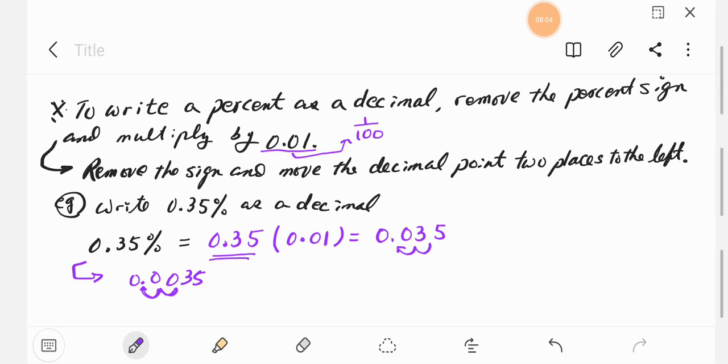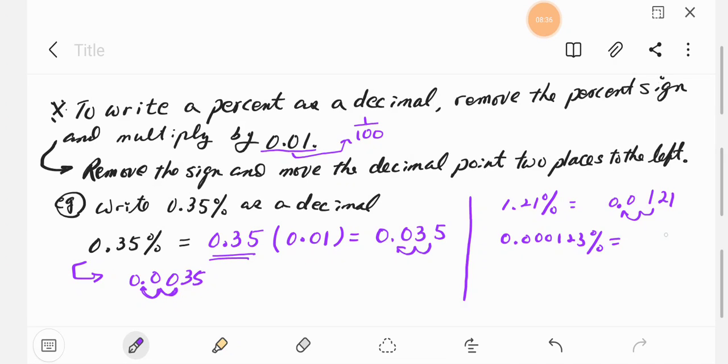Okay, try more. How about 1.21%? So let's write this one in a decimal. Okay, so 121, right? So move this decimal point 2 to the left. So it is this one, 0.0121. Simple, isn't it? So what if we have something like 123%?